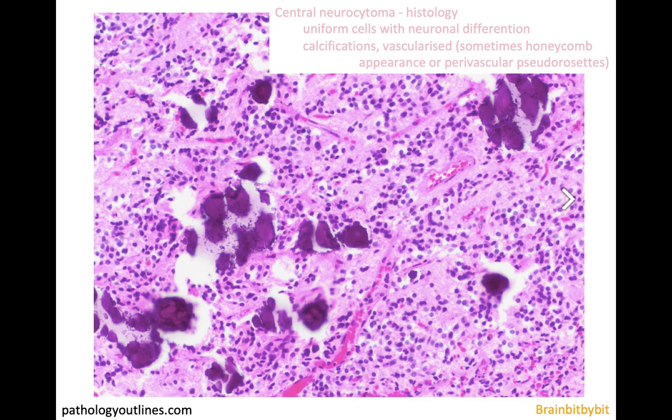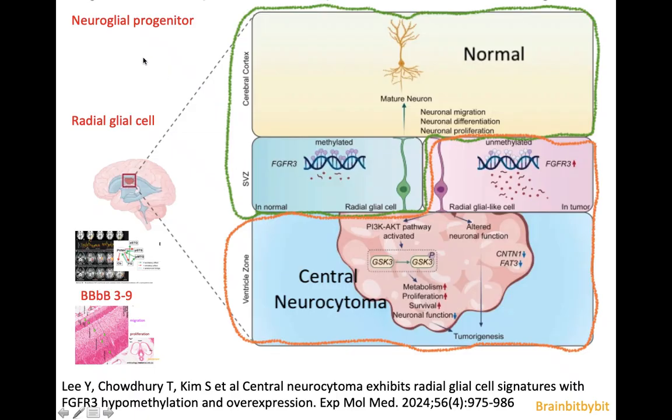So central neurocytomas are thought to arise from neuroglial progenitor cells, and last year there was an article in one of these journals, part of the Nature group, where they showed the similarities between the cells of a central neurocytoma and the radial glial cells, and we talked about the radial glial cells in the first videos on this channel about the malformations of the neocortex.